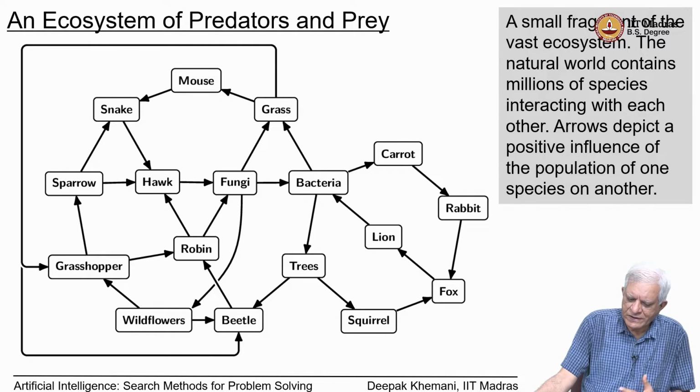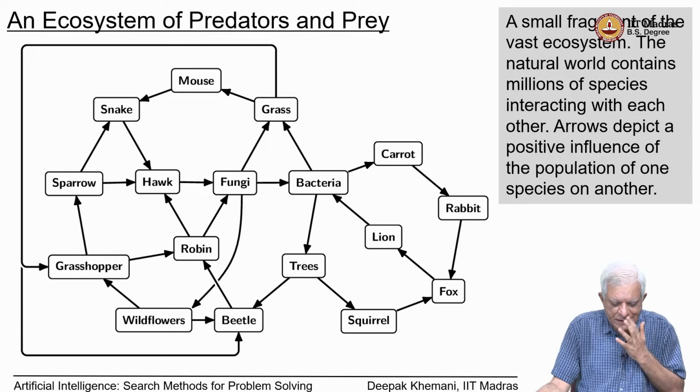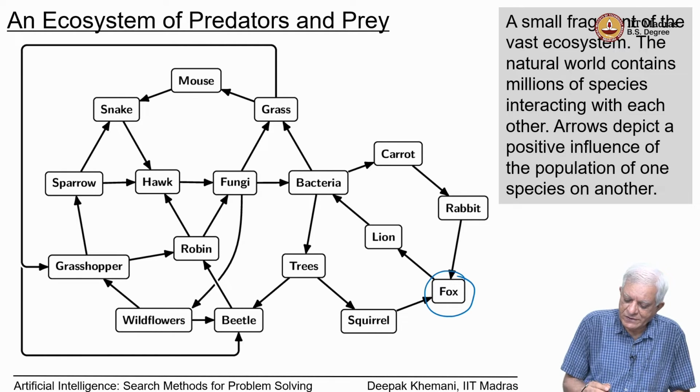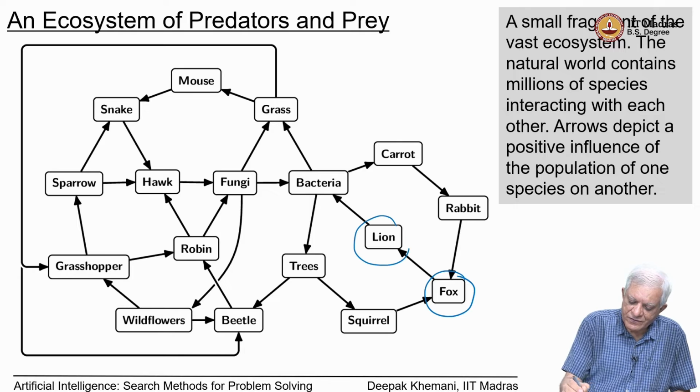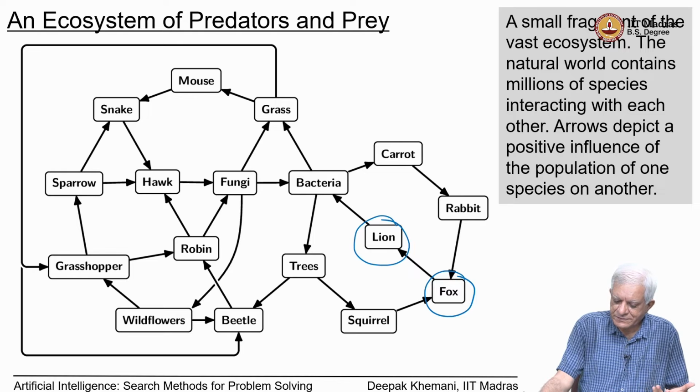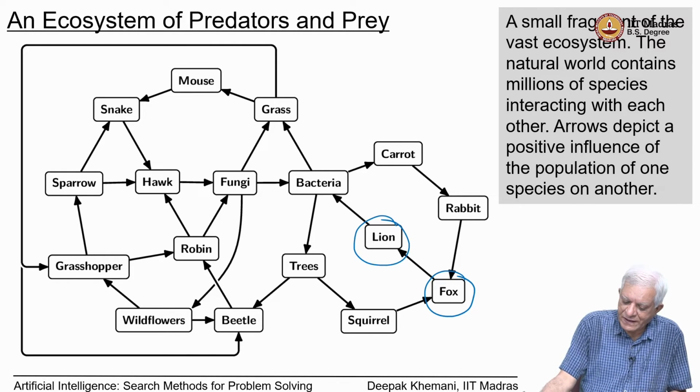So, the world of course is a big vast ecosystem where different life forms influence other life forms. The arrows in this diagram, it is called an influence diagram, and this arrow shows a positive influence of one species on another species essentially. If you moved in the opposite direction, it would be the negative influence. So, for example, the population of foxes has a positive influence on the population of lions. The more the foxes, the more the lions will get to eat foxes, and the population of lions would increase.